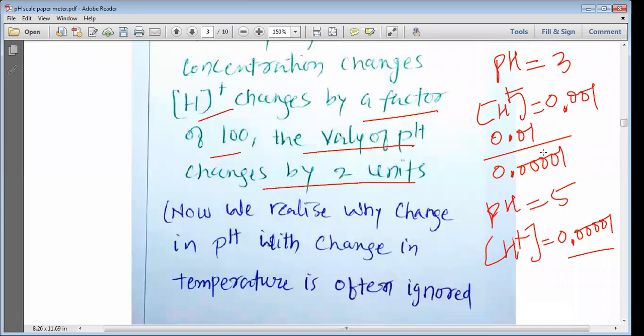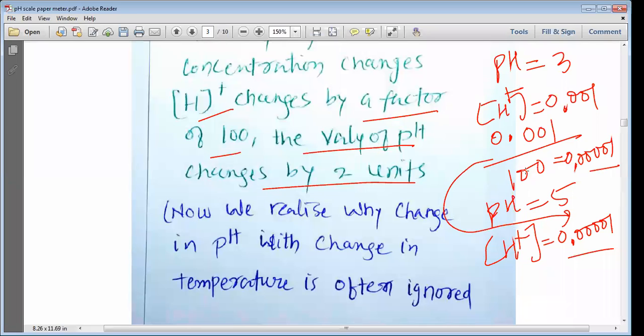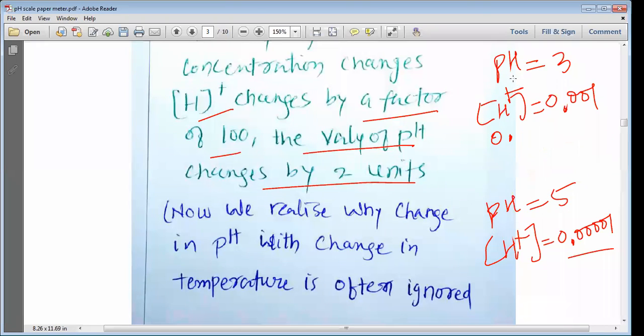This is possible only when you divide the number by 100. Sorry, I made one more mistake. It's 0.001. If you divide it by 100, my dear students, you get 0.00001. So if pH changes from 3 to 5, the hydrogen ion concentration is decreased by a factor of 100.